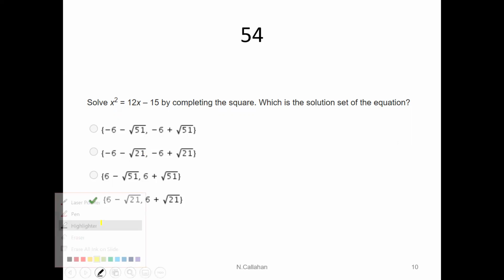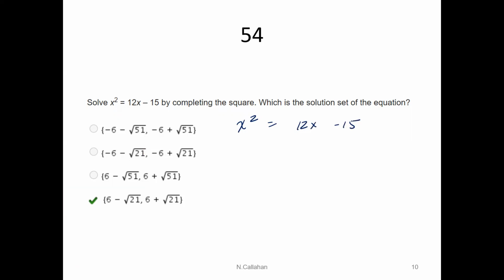So here we have x squared equals 12x minus 15. We're going to go ahead and complete the square using this question. So in order to complete the square, you need to have your middle number. Your middle number is generally going to be x, and guess what? Your x is in the wrong location. We're going to move it over.